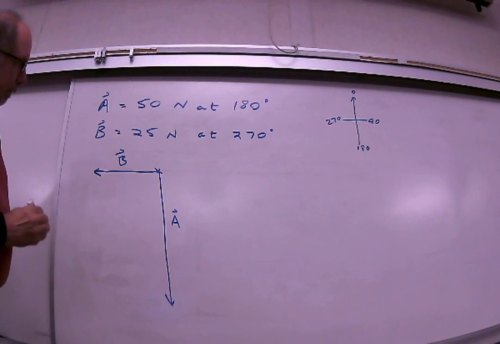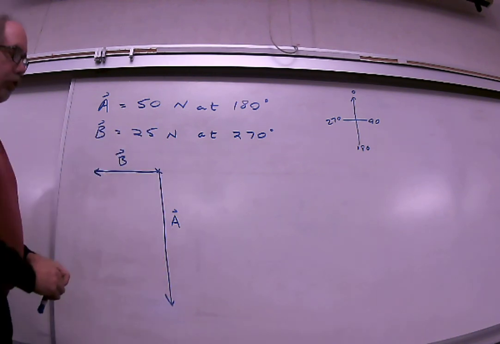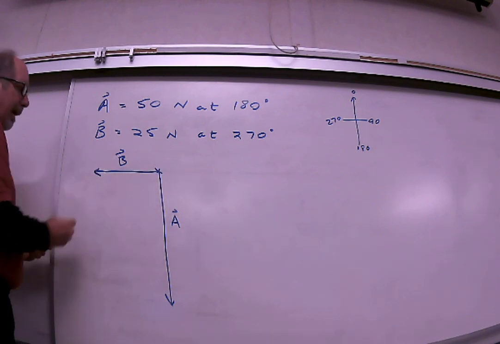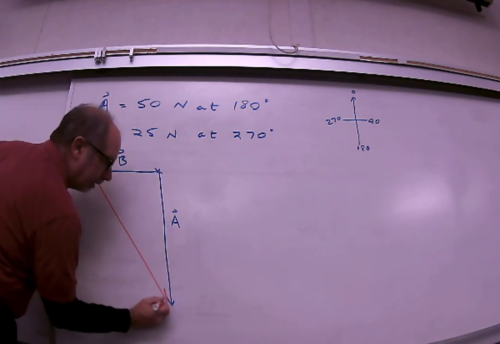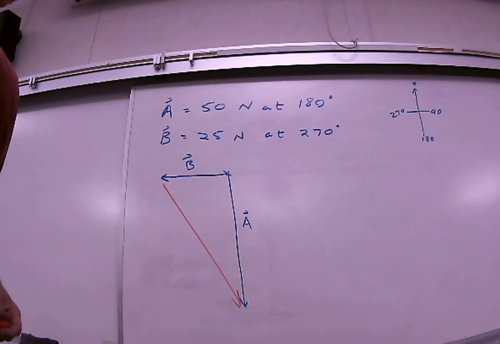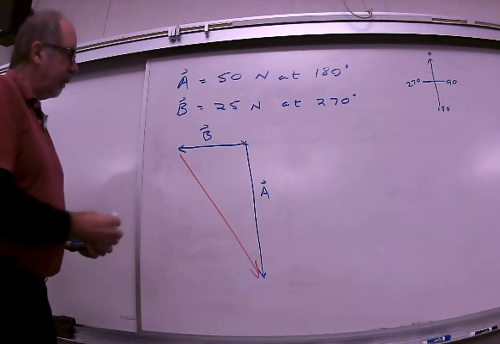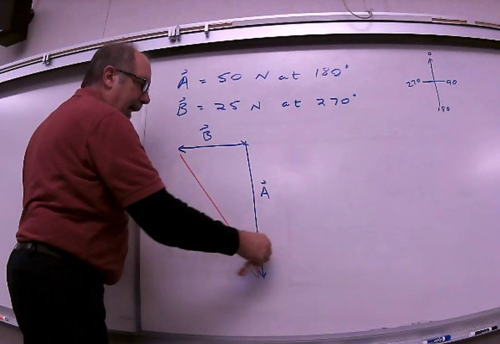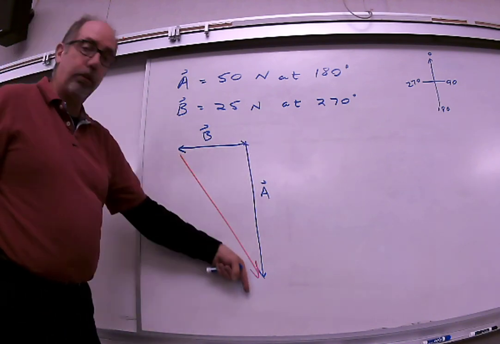Now, if Bill wants to push the ball down this way, down, and Jill wants to push it to the left, the resultant is not going to be this. This is what I see sometimes. But if you keep your mind in the problem, if Bill is going to push the ball down, Jill is going to push it to the left, the ball is not going to go in this direction.